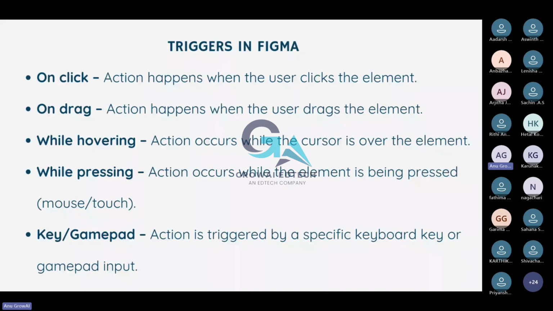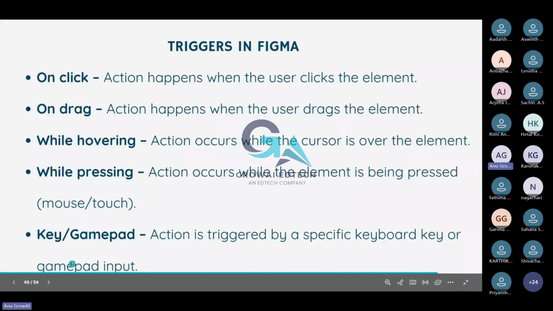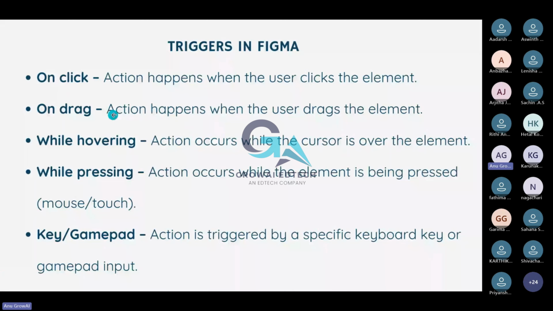On click is when you click on it and it shows this function. If I click next, it moves to the next page, so this kind of trigger is on click. On drag is when I drag an image or something from one place to another and we have to perform this trigger.